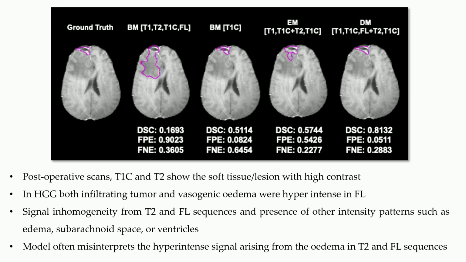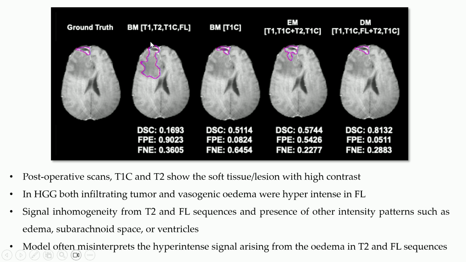So here you can see one such example where the first one, from left to right, is the ground truth of the model we have trained. In the ground truth, you can see that the pink contour shows the resection cavity along with the enhancing tumor, that's the GTV.